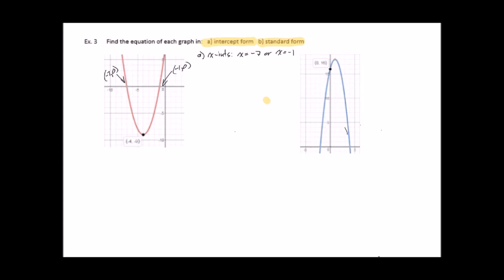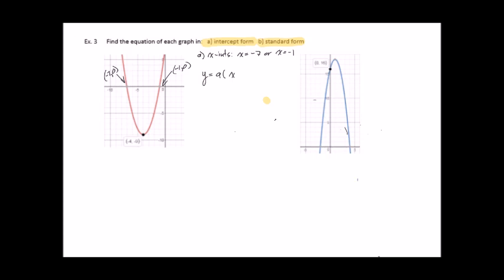Now, based on that, we can say that our equation is y equals a, because we don't know what our stretch is, and then we write x, oh wait a second, instead of having x equal to -7, remember we're still using that zero rule, that opposite rule, to create this.